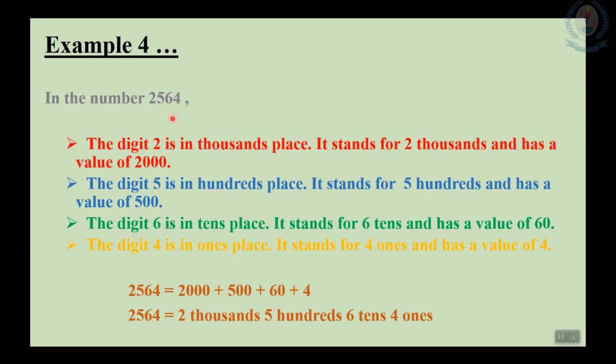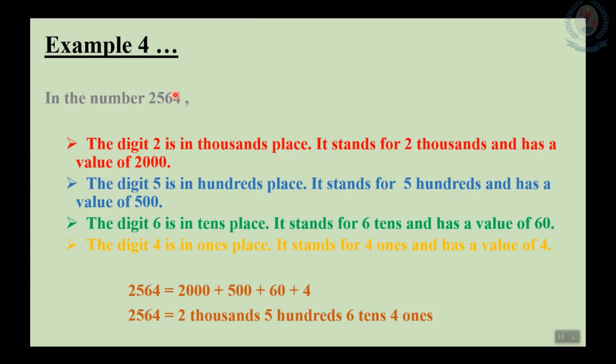This digit, as I told you, always in right hand side first value indicates ones, then second value shows tens, then third value shows hundreds, and then fourth value shows thousands. You have to start from right hand side. Right?